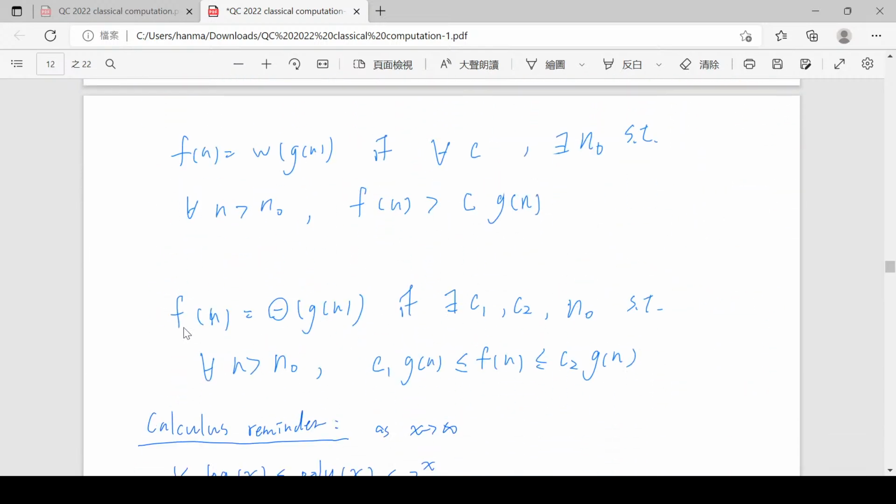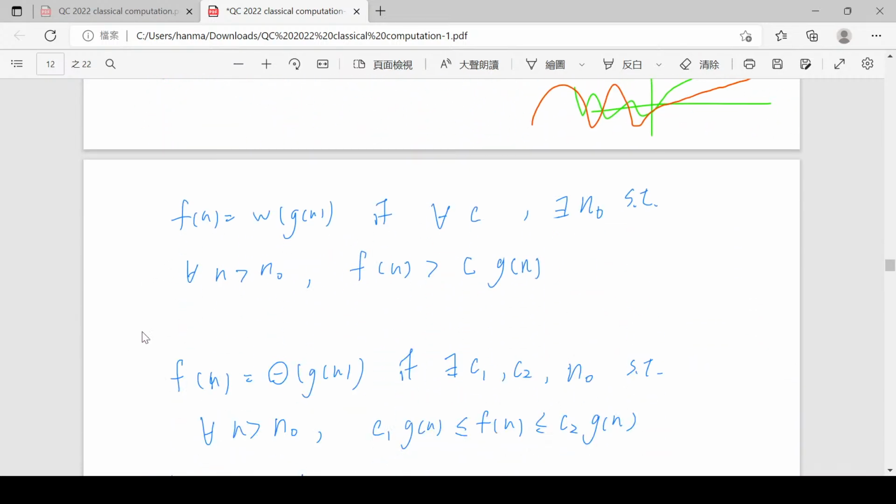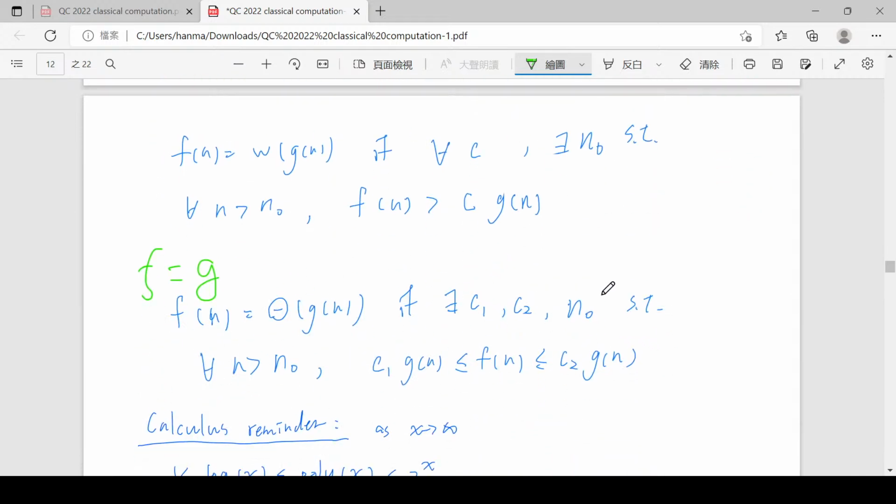But anyway, we have big omega and small omega, and finally there is theta. So theta basically means, as we said, this is like F equal to G. So F of N equals theta of G of N if there exist two constants C1, C2, and also another cutoff N naught, such that for N bigger than N naught, F of N is sandwiched between C1 times G of N and C2 times G of N. So this means that when N is very big, then F and G are basically the same number, just different by some constant that might be oscillating, but in some region.